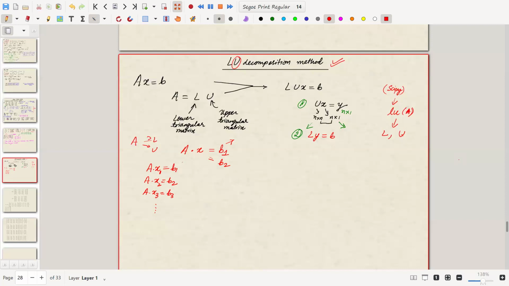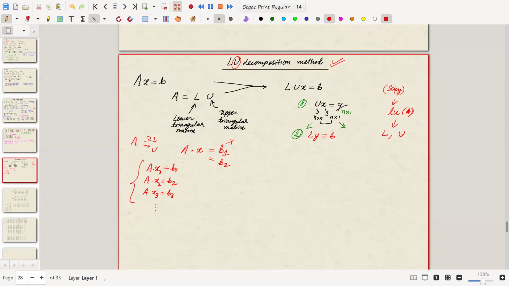In that case, LU decomposition is useful. If you have different right-hand sides and the same left-hand side, in those situations LU decomposition is helpful, because when you decompose the matrix A into LU, it will be the same in all the cases.